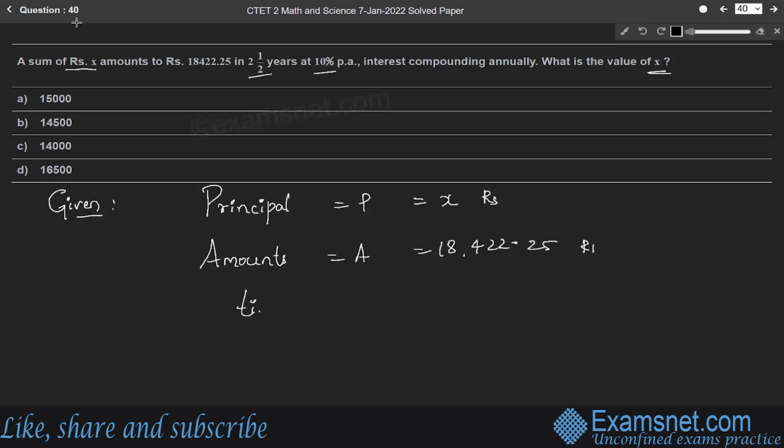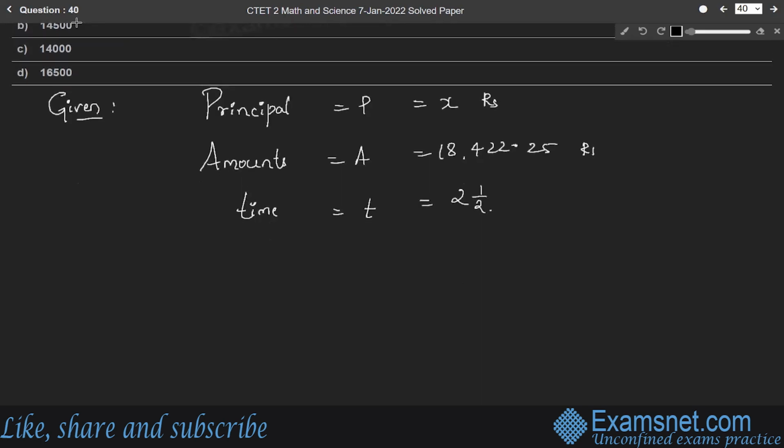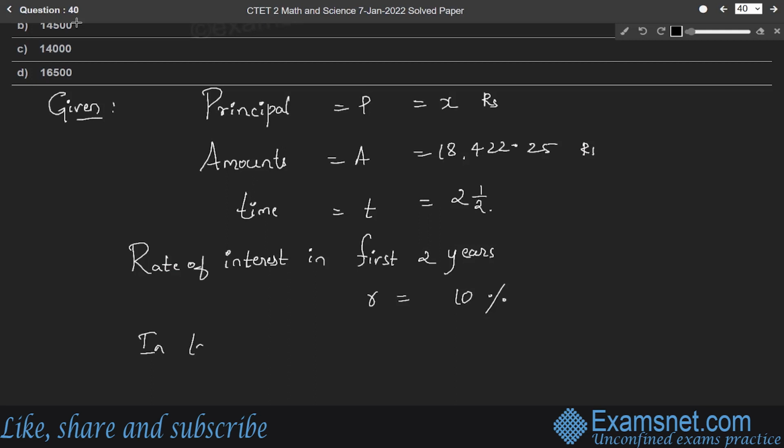So here the time T is equal to 2.5 years. In this 2.5 years, rate of interest in first 2 years, R is equal to 10%. In last half year, R becomes 5%.